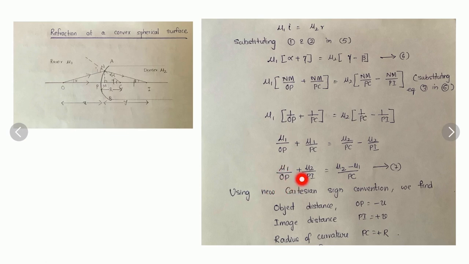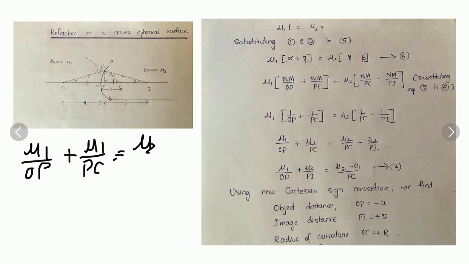Mu 1 by OP plus mu 2 by Pi is equal to mu 2 by Pc minus mu 1 by Pc.